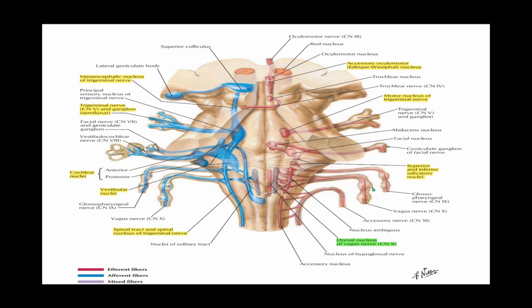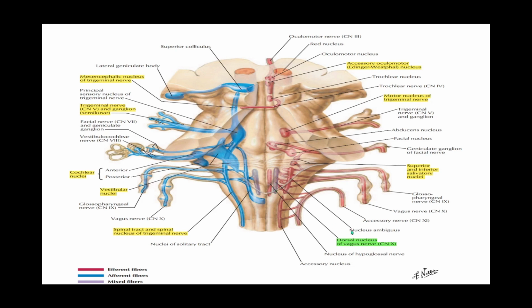So this is your vagus nerve. If you look here, you see that this glossopharyngeal gets from the inferior salivatory, and also gets some motor fibers from this nucleus ambiguus. The nucleus ambiguus, you can see, gives origin to the vagus nerve. And it also gives some contribution to the accessory nerve.